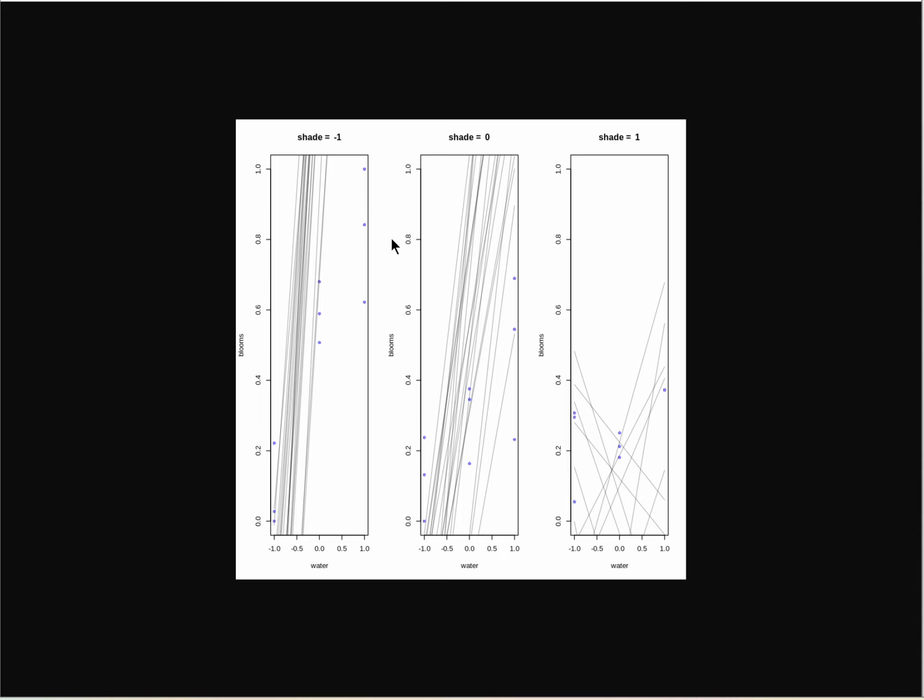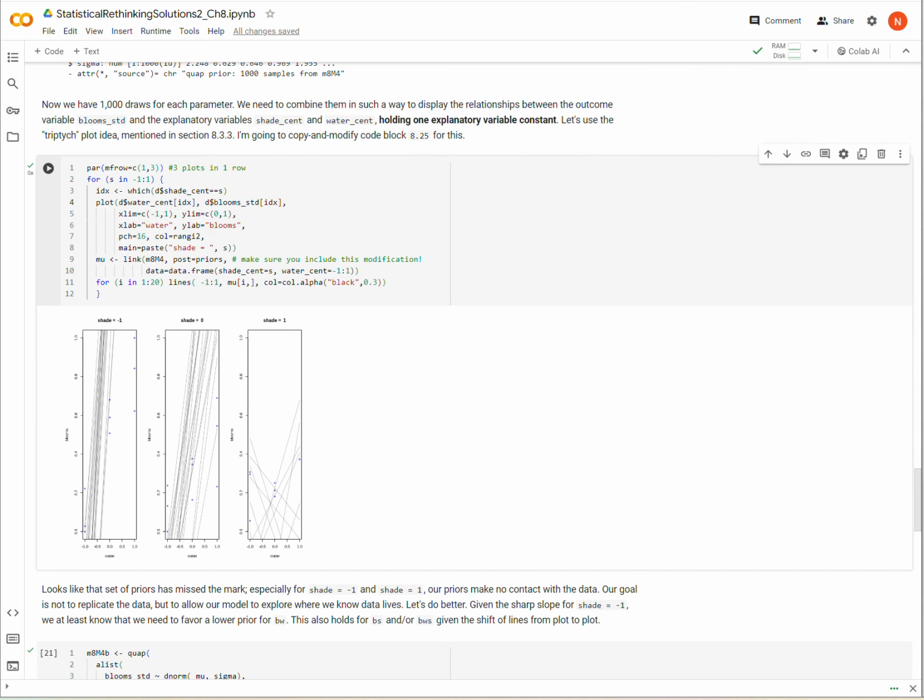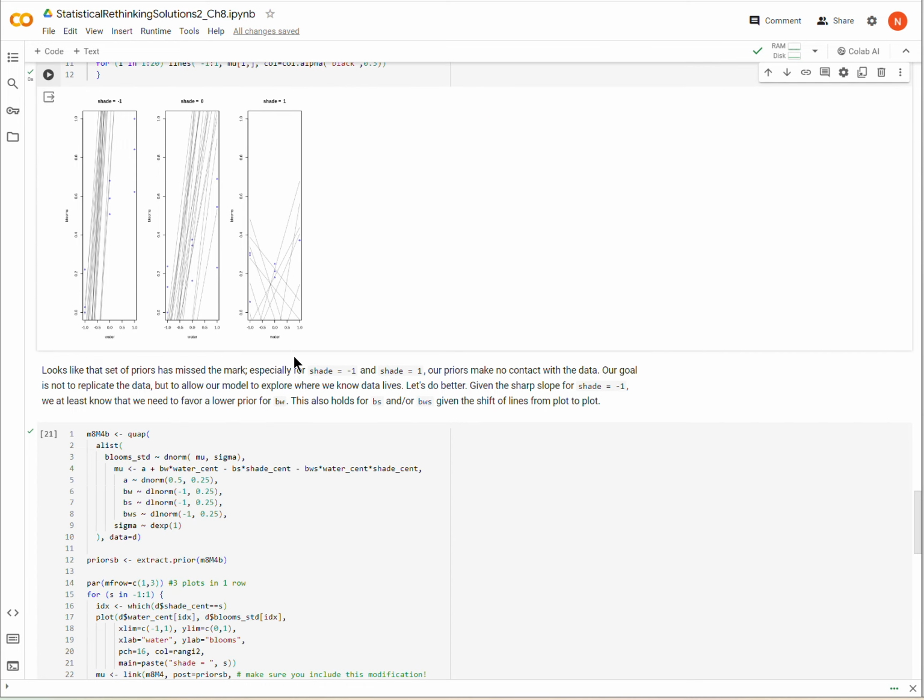Now we don't need our priors, in fact, we don't really want our priors to completely overlay the data. It should not be perfect fits. But our prior has to at least entertain values that our data actually lives in, okay? And so this is not doing a great job here, so we need to modify this. How are we going to modify this?